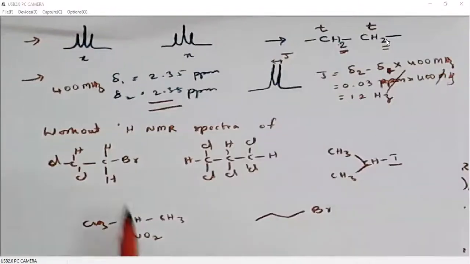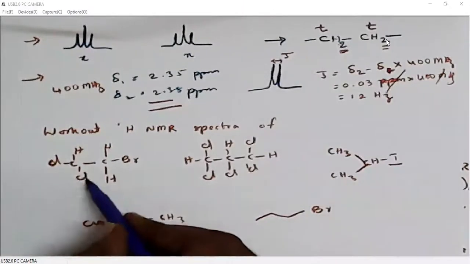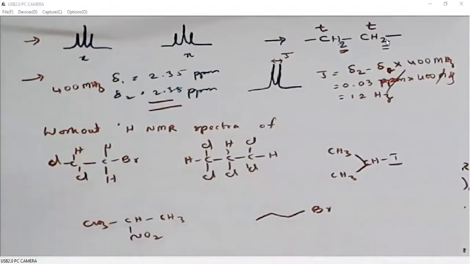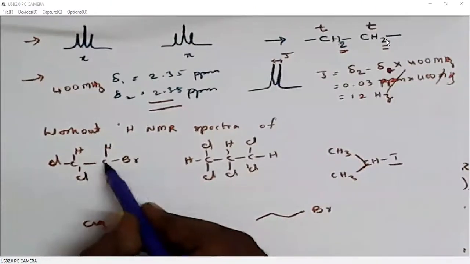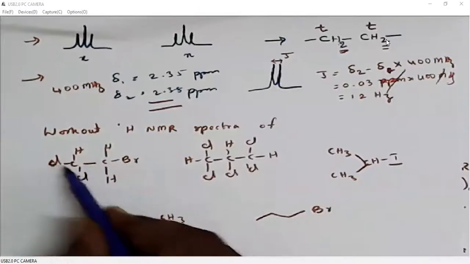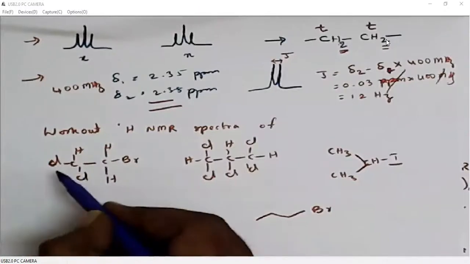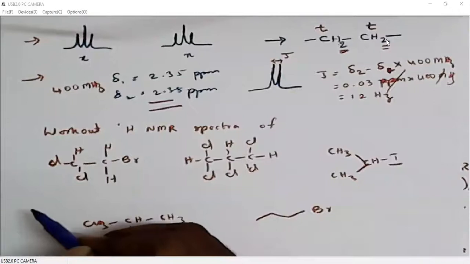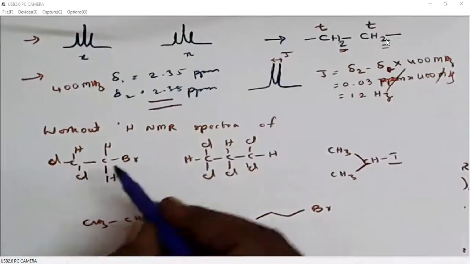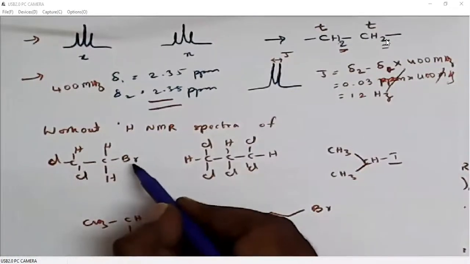Look at these examples. Work out the proton NMR spectra of the following compounds. Now, we will just look at the multiplicities only. This carbon is having bromine, this carbon is having two chlorines. Chlorine electronegativity is 3, bromine electronegativity is 2.8.